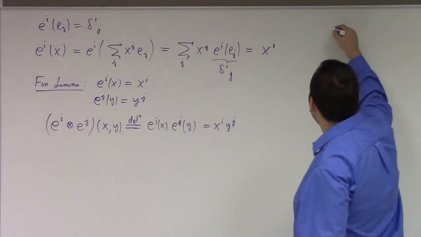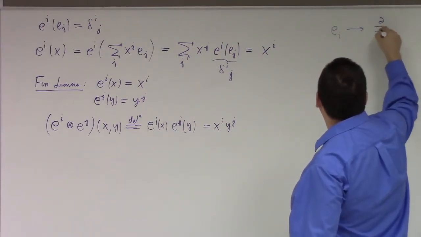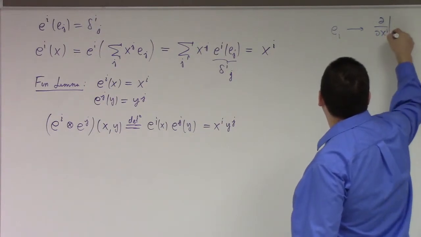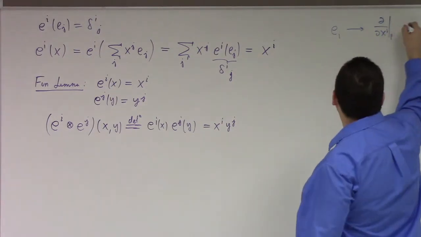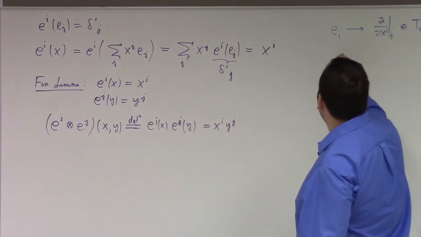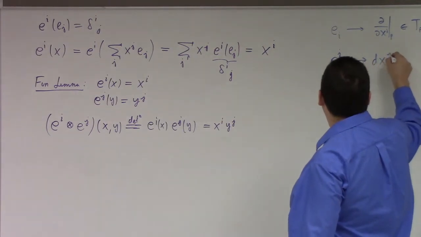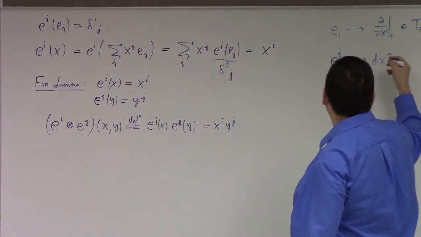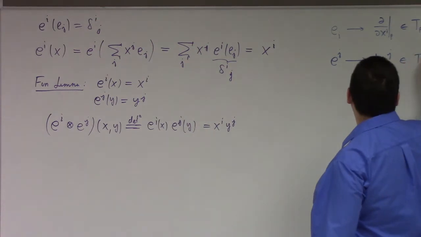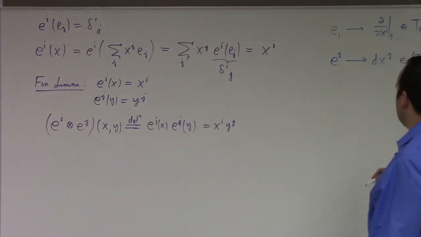The e_i will eventually transition to partial x^i at P, which will be the tangent space at P to some manifold. And eventually the e^j will transition to dx^j, well, we usually drop the P, but that will be an element of the dual space to the tangent space.